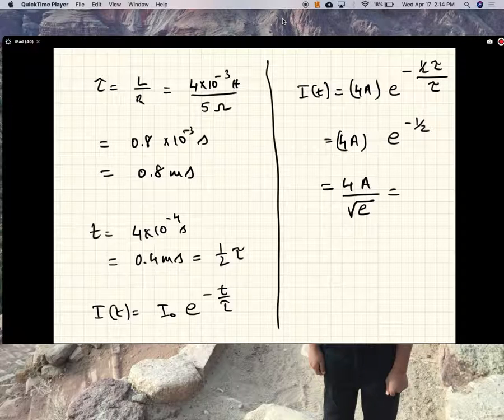So the big part of these equations is to figure out how many time constants the time value they give is worth.